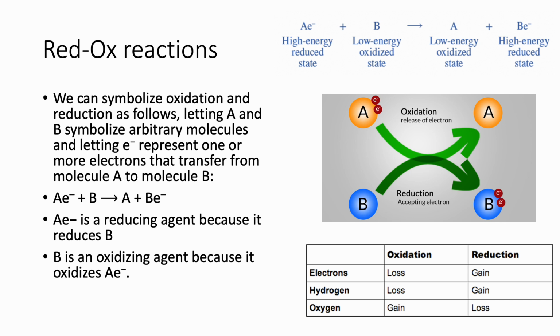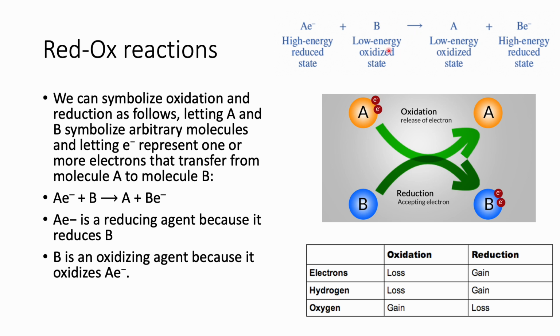So these reactions, reduction and oxidation reactions, together we call them redox reactions. We can symbolize oxidation and reduction as follows, letting A and B symbolize arbitrary molecules and E represent the electrons being transferred. So here we see A with its electrons and B, this is the reduced state because here it has an extra electron, so it gained it.